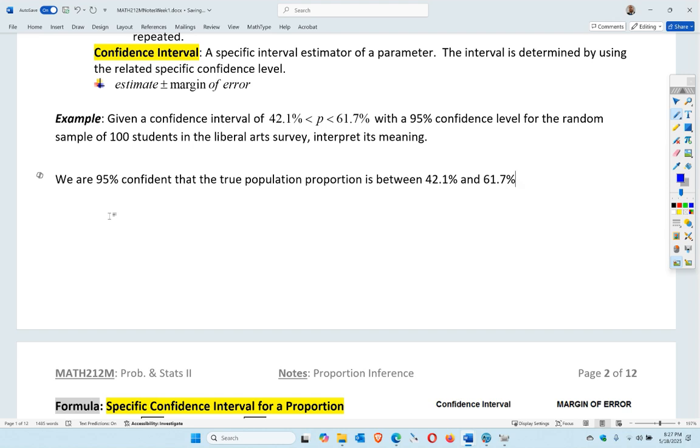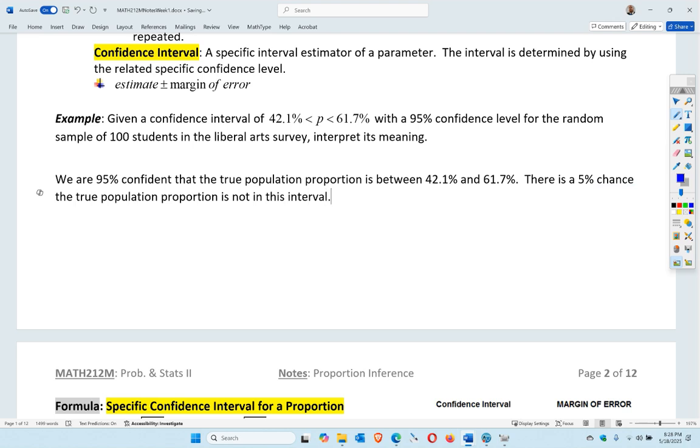Okay, so that means 5% of the time we're unsure. So there is a 5% chance the true population proportion is not in this interval.